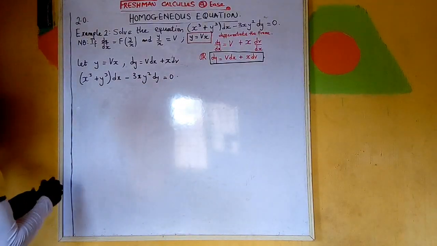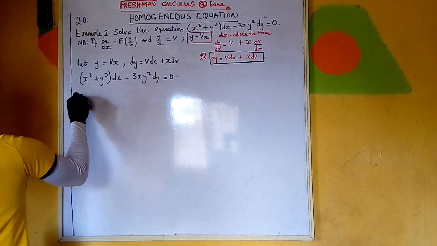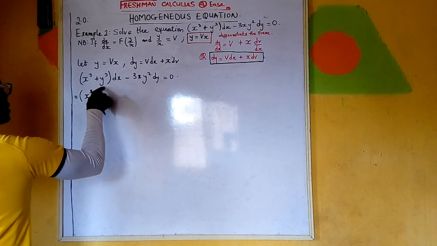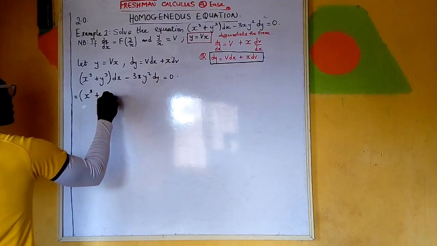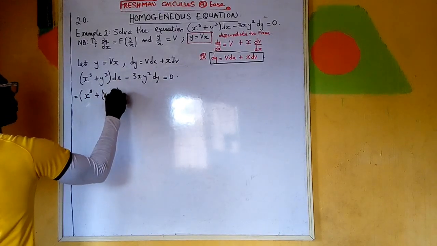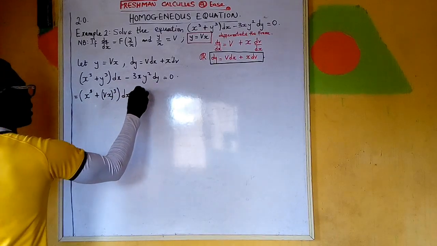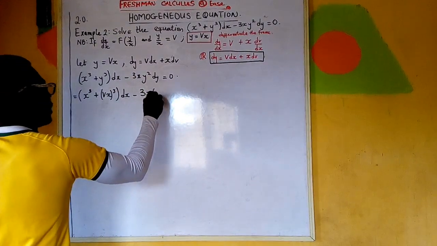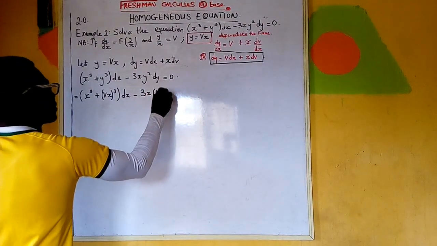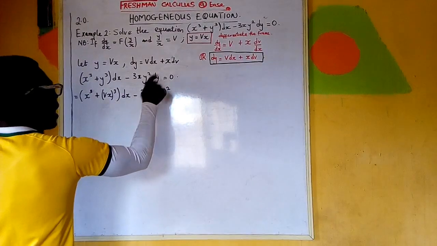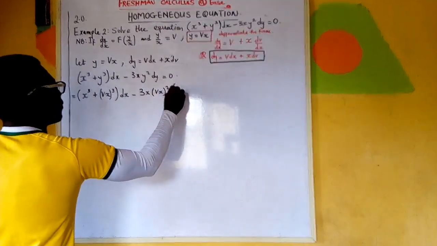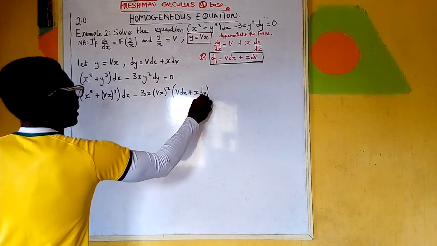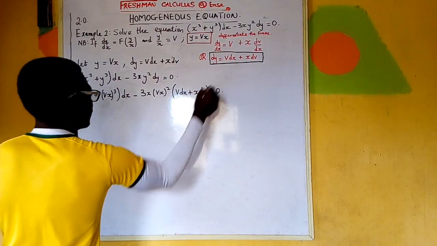Let's take a look at this. So this is equal to x cubed plus, what is this? That's vx, cubed, dx minus 3x. Remember, this is a y, so I have that to be vx squared, and this is dy, so I have that to be v dx plus x dv, and this is equal to 0.